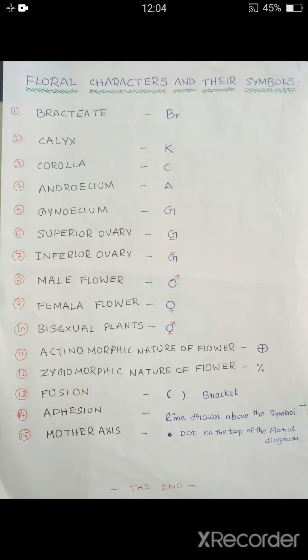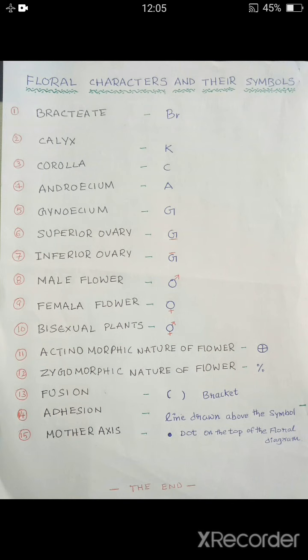You are seeing a chart on the screen. There are 15 floral characters and their respective symbols. These are very important for the taxonomy part, as usual for theory examinations and competitive examinations also. Let us discuss one by one in detail. So the first characteristic, bractate.